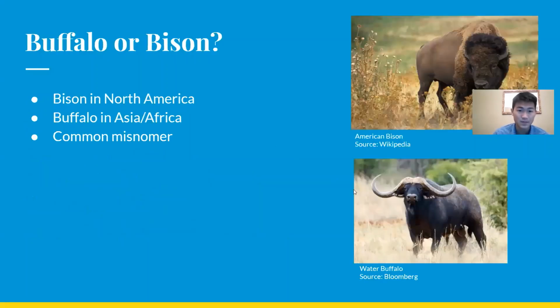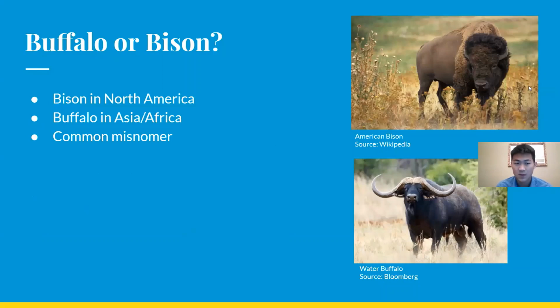Okay, first of all, it's a common misnomer, which means calling something by its wrong name. Many people call the American bison on the top a buffalo, which is incorrect because that is actually a bison, and buffalo actually live in Asia and Africa.